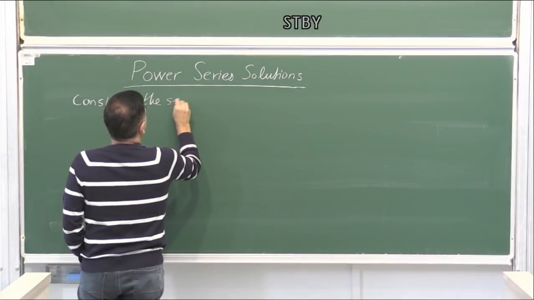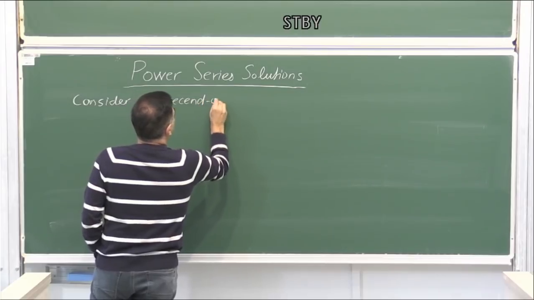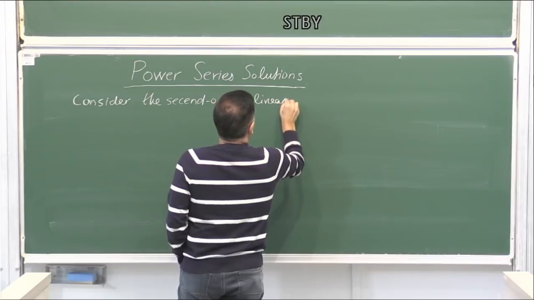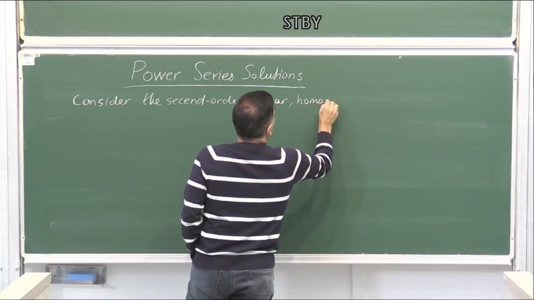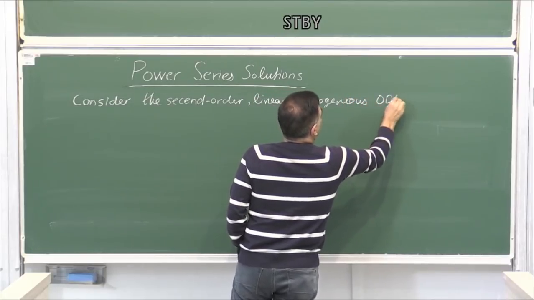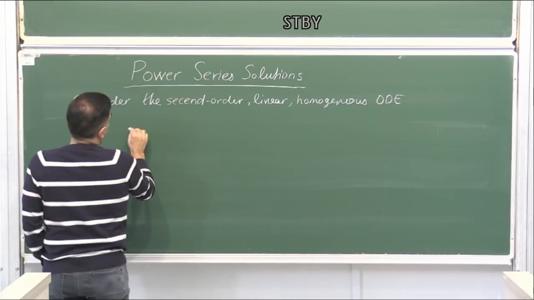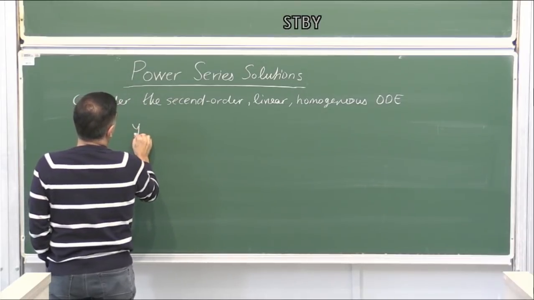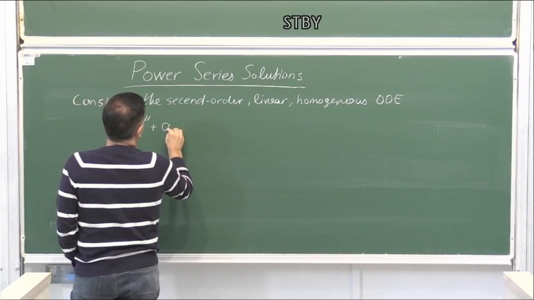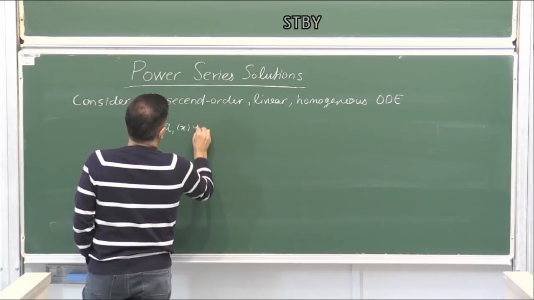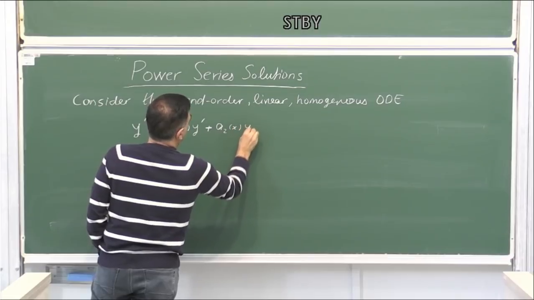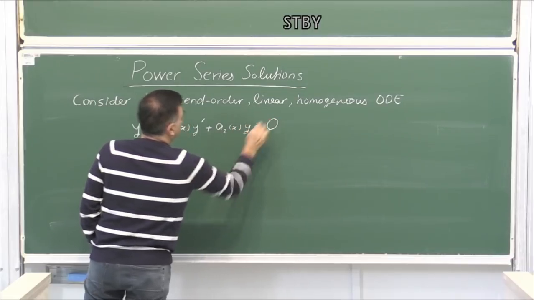Consider the second order linear homogeneous ODE, which can be written in that form: y double prime plus a1 of x y prime plus a2 of x y equal to 0.